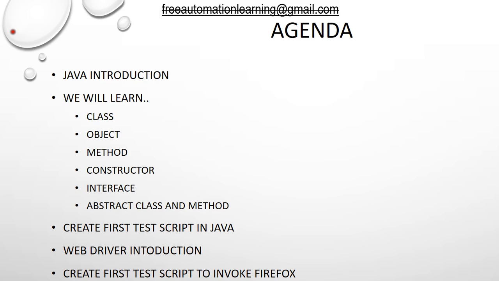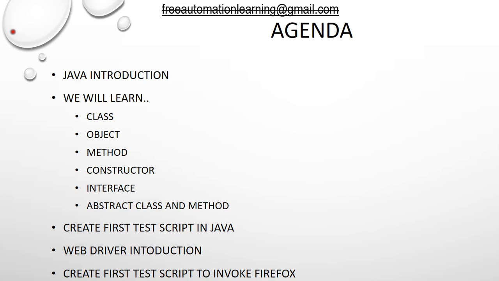Firstly, I would like to give you a brief introduction of these Java concepts so that you are aware of them. Later, we will create a small test script using Selenium WebDriver.